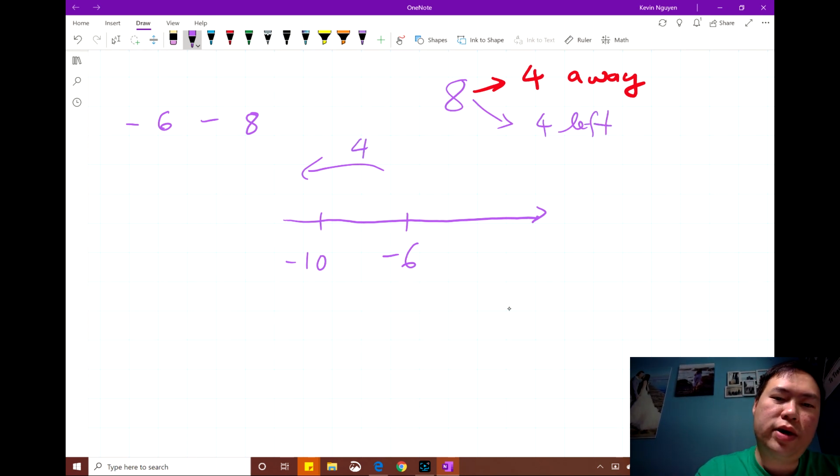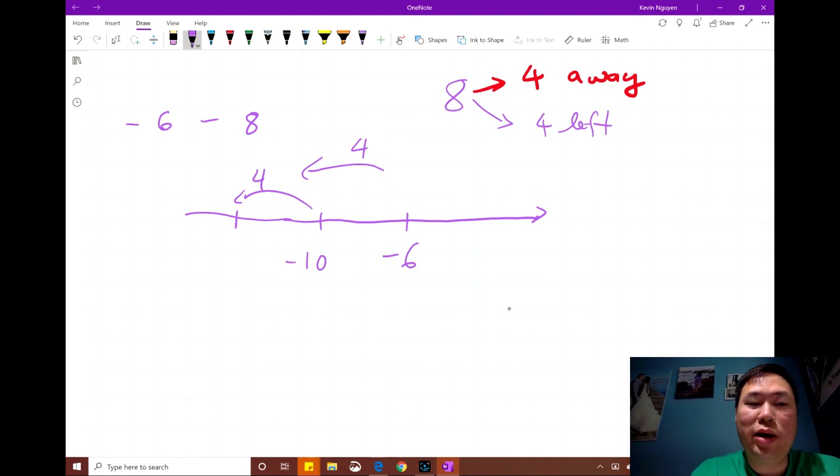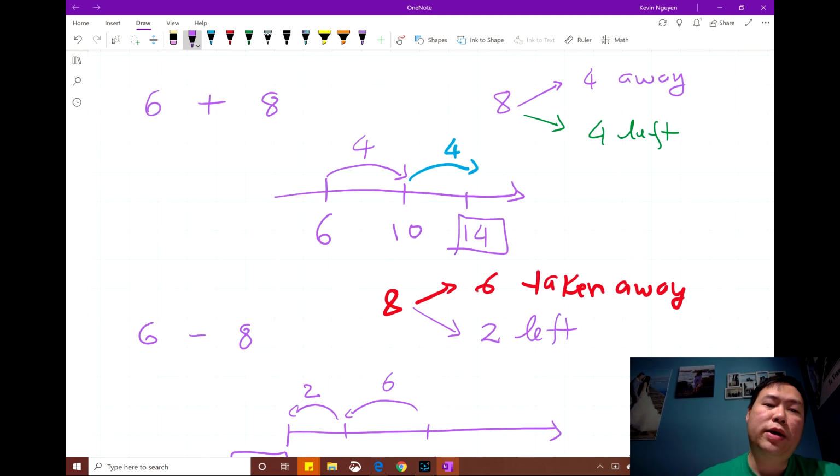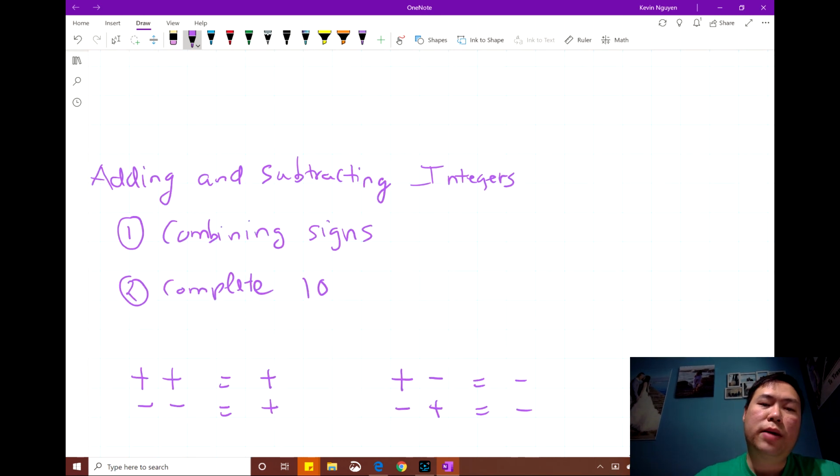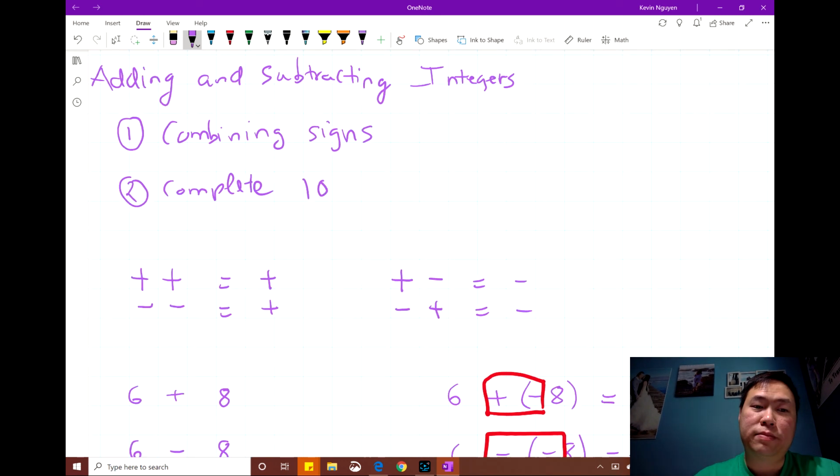So move 4 away to get to -10, and you're going to move another 4. Extending my number line. From -10, if you move away another 4, you're going to get -14. And that will be the answer for -6 minus 8.